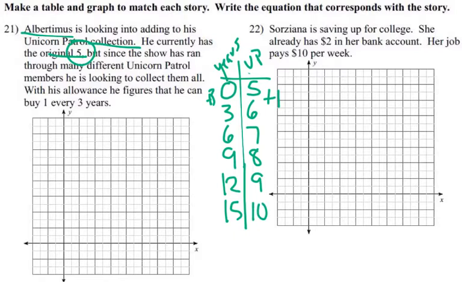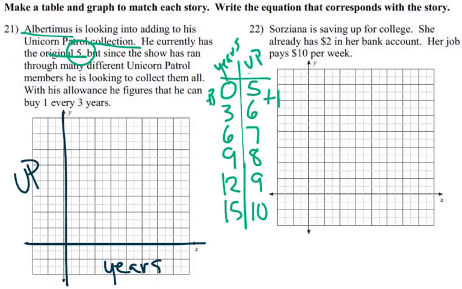Okay, so now we can graph that. So here's our axis for the x, axis for the y. Now we'd probably call this one years. We need to label them. And this one, Unicorn Patrol members, how many he has, right? So we started out at 0, 5. So let's count 1, 2, 3, 4, 5. So there's 5.